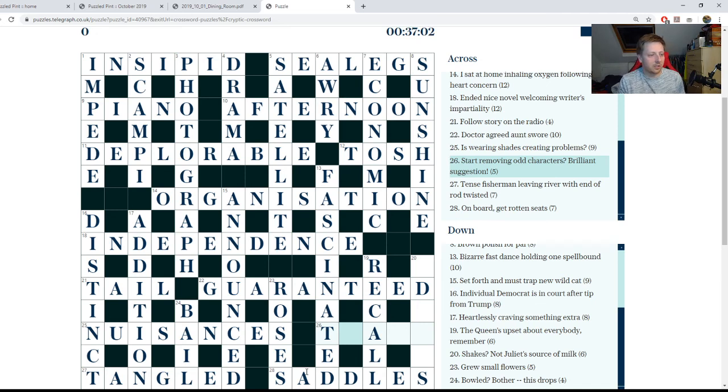26 across. Start removing odd characters. Brilliant suggestion. Okay, I quite like this one. We're nearly there. Nearly at the end of this crossword, and then we'll move on to Puzzled Pint. For 19 down, the Queen's upset, so it's ER, but it's backwards because it's upset, set upwards.